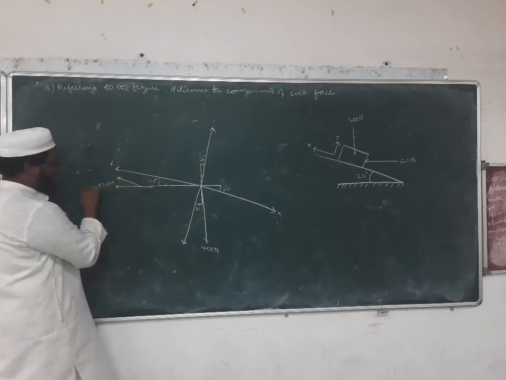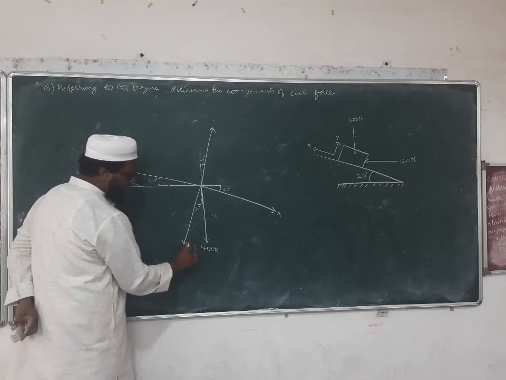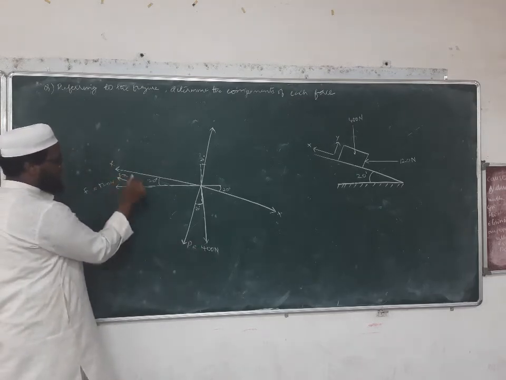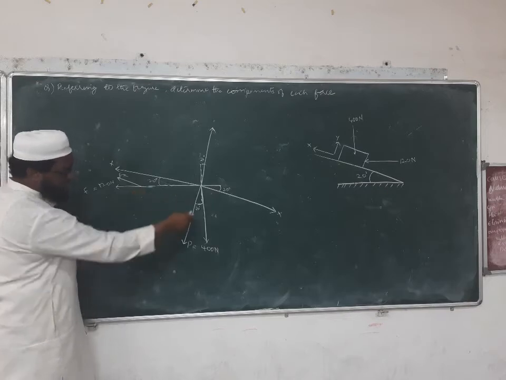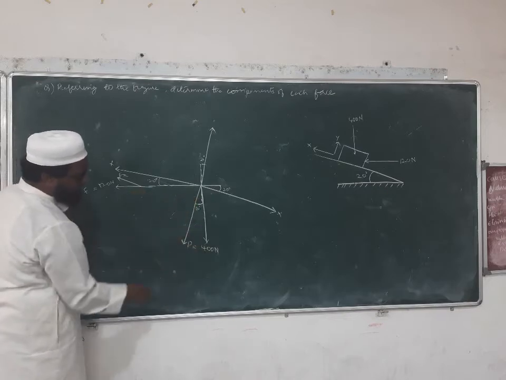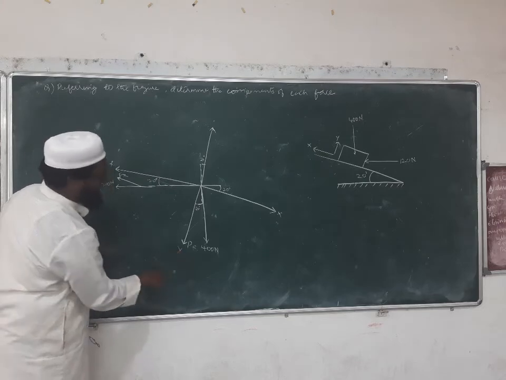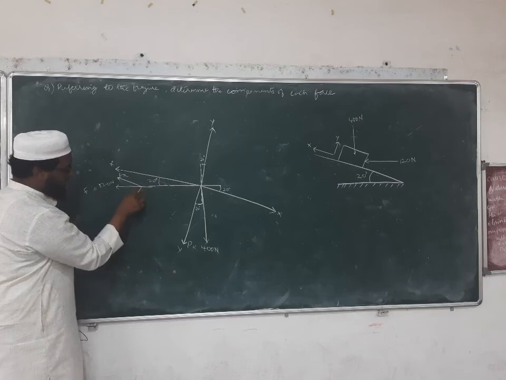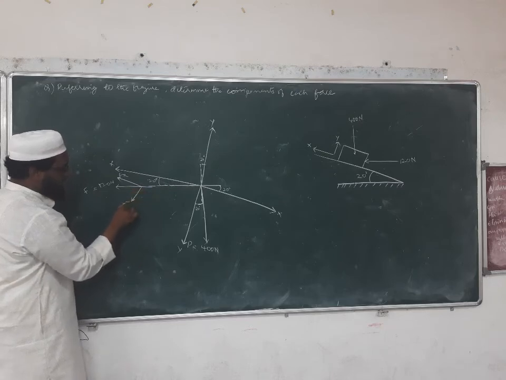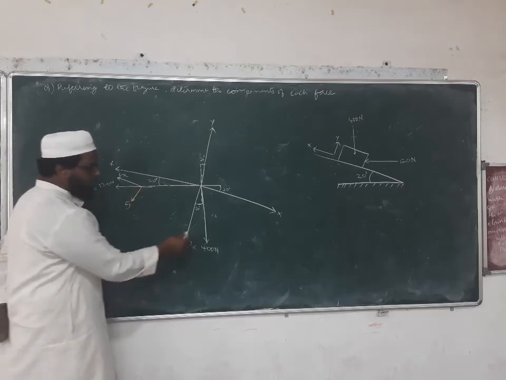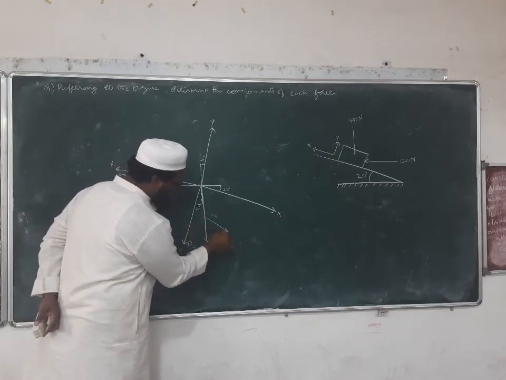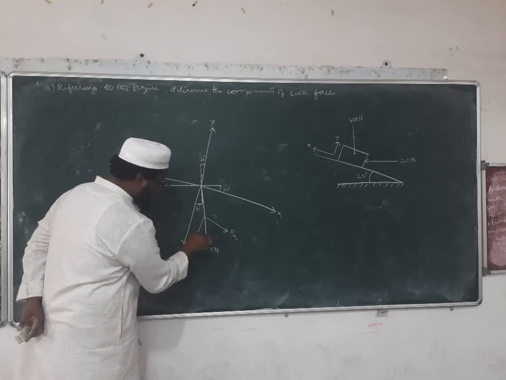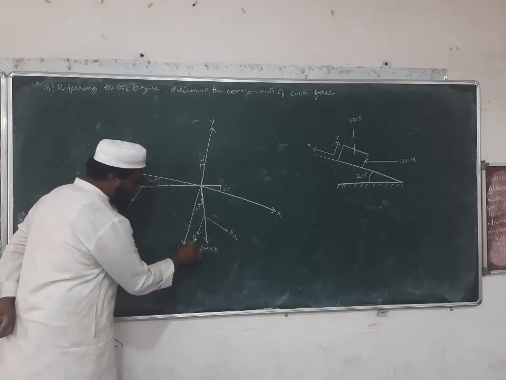I'll name this as F, I'll name this as P. So this one will become Fx, and the y-axis is this one, isn't it? So the y-axis this way. So this is Fy. Now what about this one? I have the x component in this fashion. This is Px, and this is going in the downward direction. So Py.